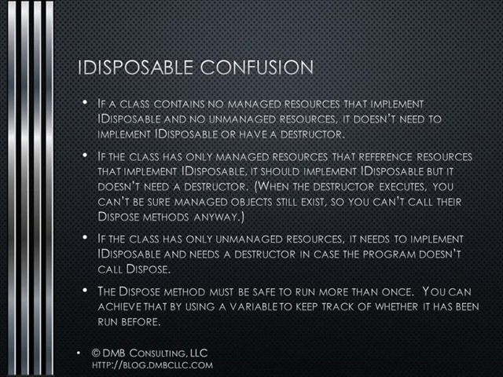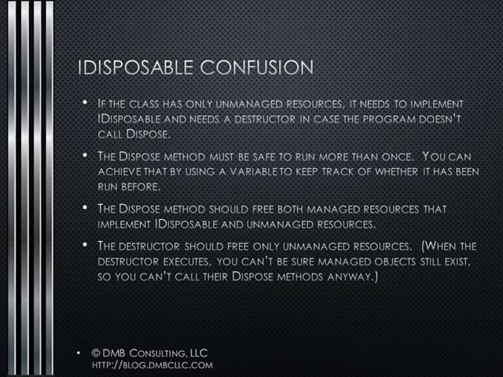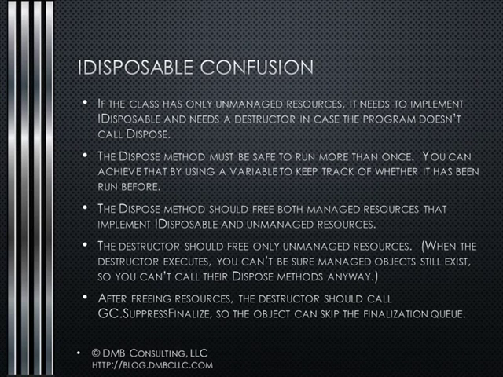The dispose method must be safe to run more than once. You can achieve that by using a variable. The dispose method should free both managed resources that implement IDisposable and unmanaged resources. The destructor should free only unmanaged resources. After freeing resources, the destructor should call GC.SuppressFinalize.